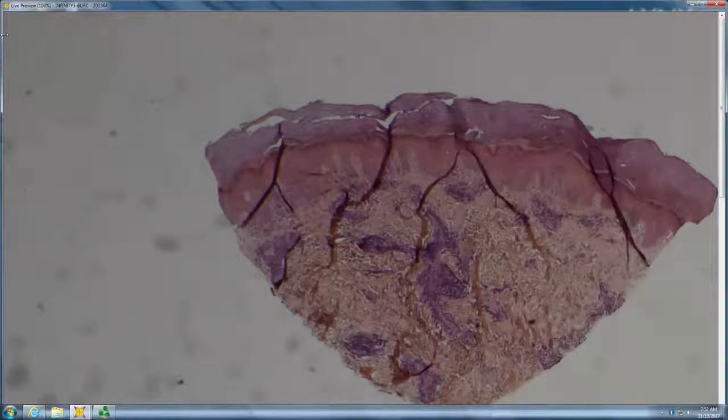Looks like maybe facial skin. Yeah, we are on facial skin. So in the superficial dermis, it looks like maybe karyorrhectic debris. Yeah, neutrophils and karyorrhectic debris. And it's not particularly around a vessel, is it? No, it's kind of ill-defined.